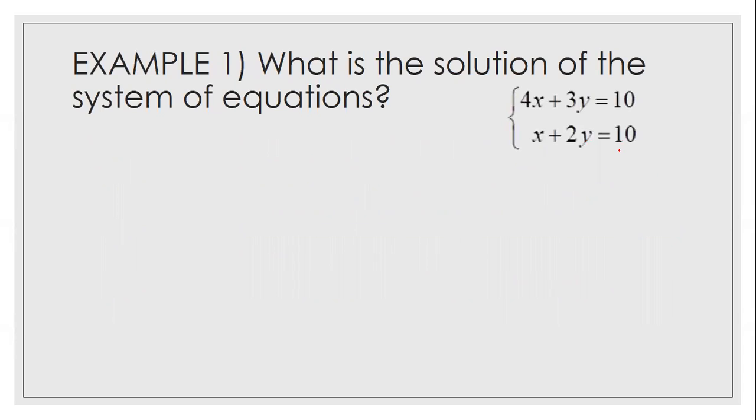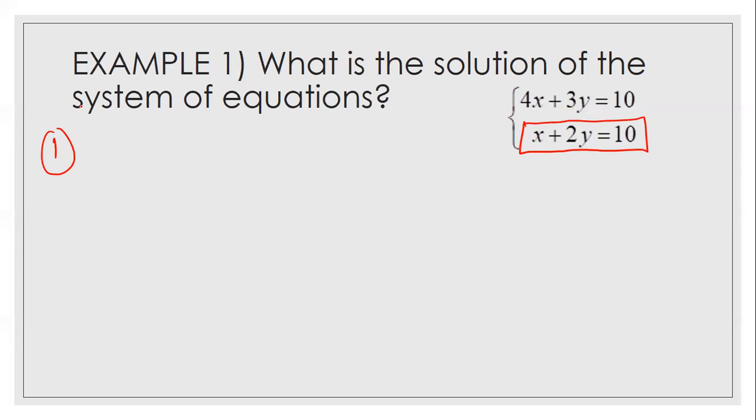All right. So our example is 4x plus 3y equals 10, and x plus 2y equals 10. The first thing we want to look for is what is the easiest one to get by itself. So step 1 is to solve for one variable. For this problem, the easiest one to get by itself is x in the second equation.